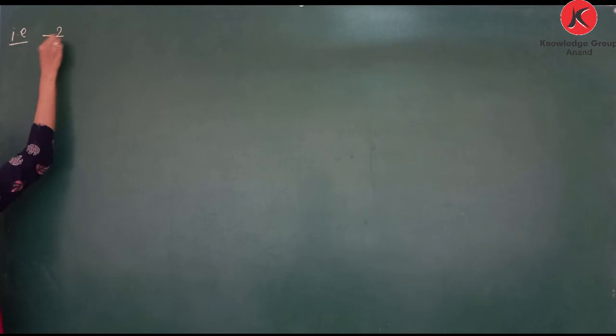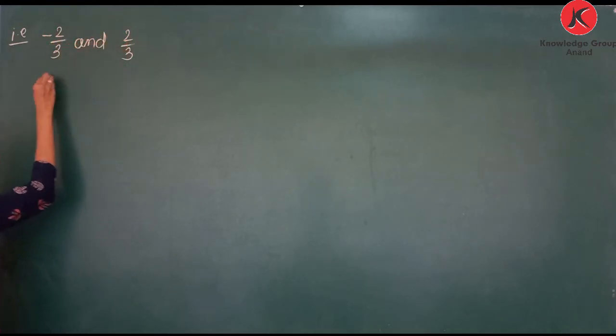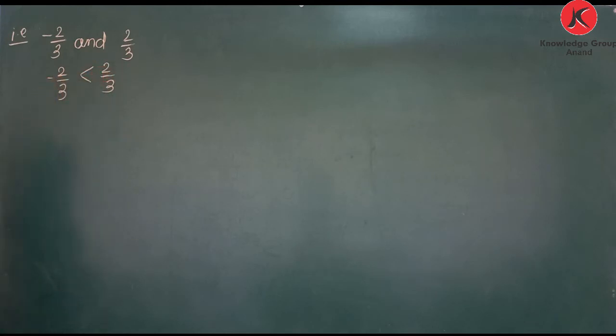So here we learn that if both are positive rational numbers, then the comparison is the same as for fractions. If one is negative and one is positive, then the positive number is always greater than the negative rational number.